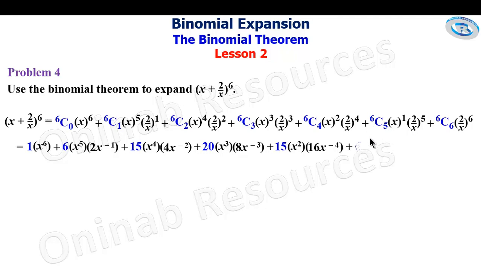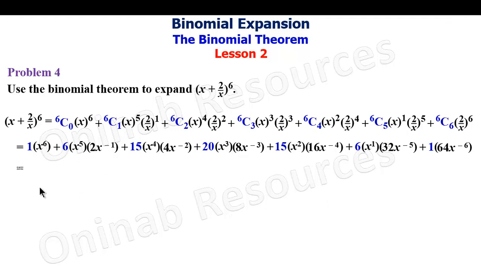Plus 6, since 6 combination 5 will give us 6, then x raised to power 1, this is going to give us 32x raised to power negative 5, then plus 1, 64x raised to power negative 6. So we get our final answer by simplifying.